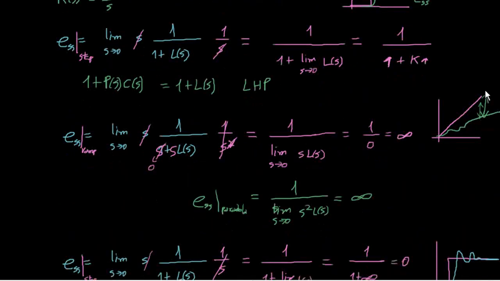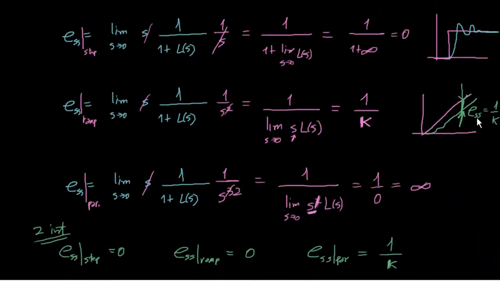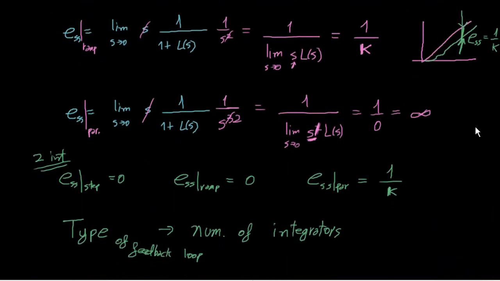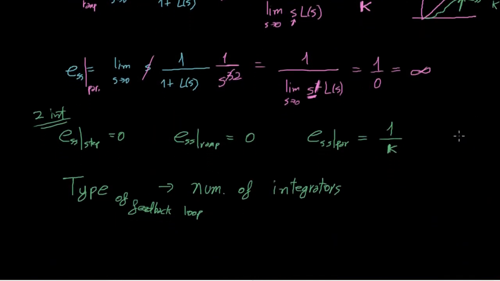So in conclusion, more integrators mean greater accuracy. They also bring other nice properties that we'll see in future videos. So according to this, it may seem a reasonable idea to introduce a lot of integrators in the loop. However, we can't do that. As usual in control, there's a price to be paid, and that comes in the form of stability.